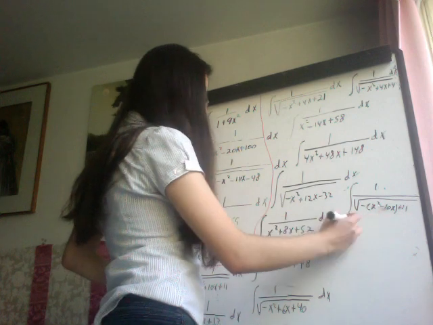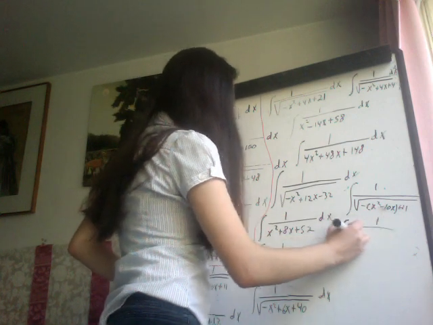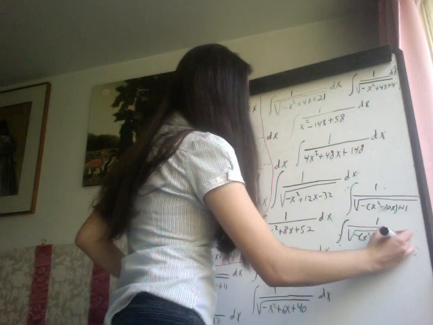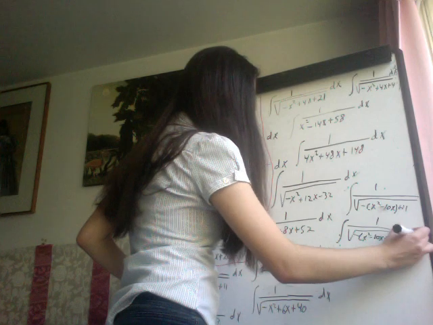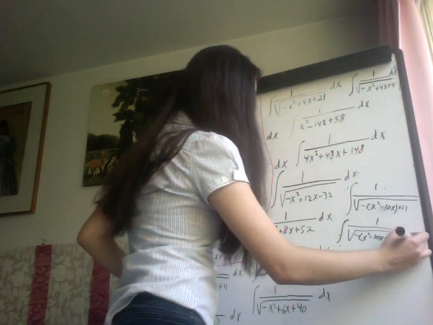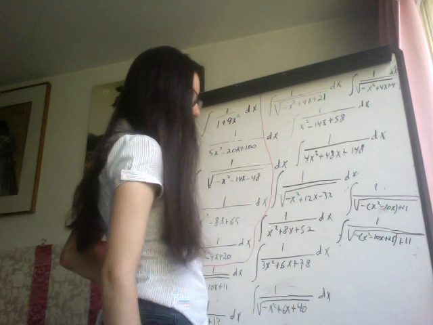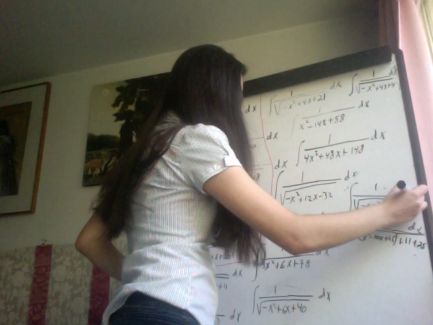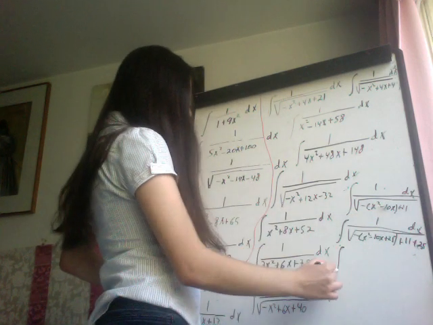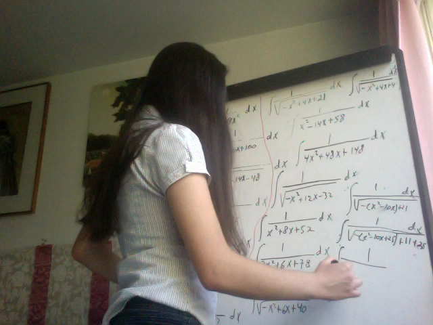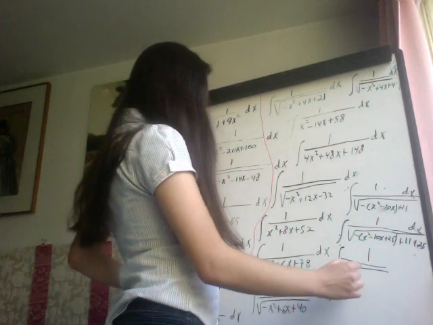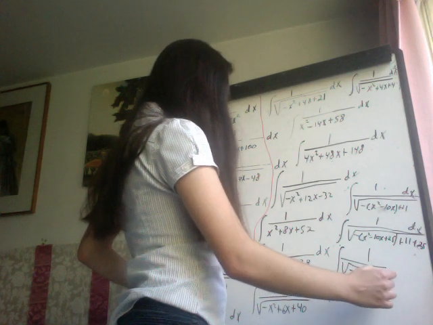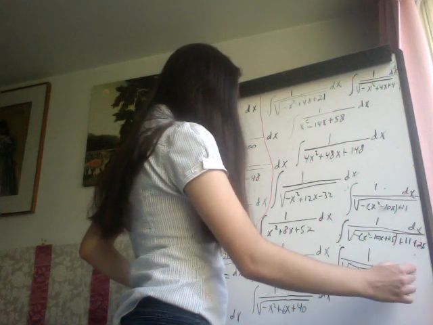So this would be 1 over the square root of negative x squared minus 10x plus 25 plus 11, and here I'm subtracting a 25, so here it is plus 25 dx. So this is the integral of 1 divided by the square root of negative (x minus 5) all squared plus 36 dx.